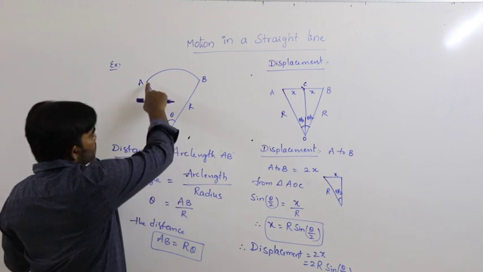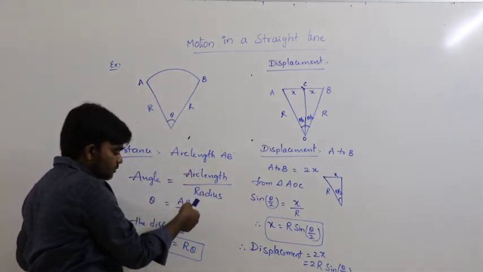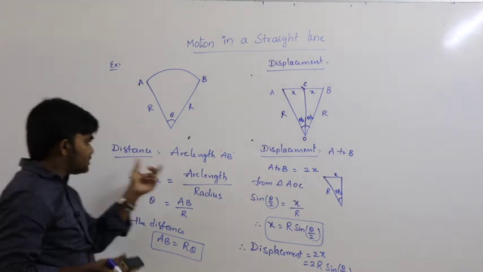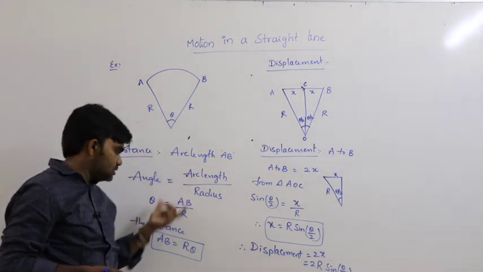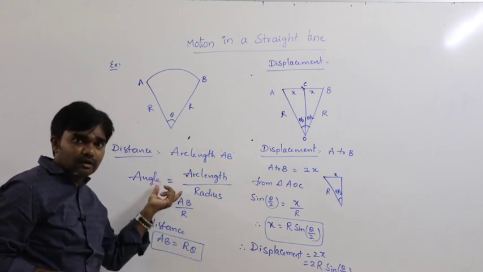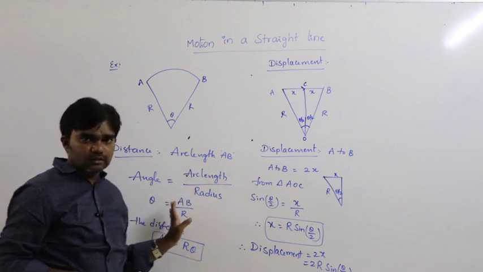So in this situation, this is the arc. This arc is nothing but the distance. So arc length, we got from the sector angle formula, arc length by radius, AB equals r theta.